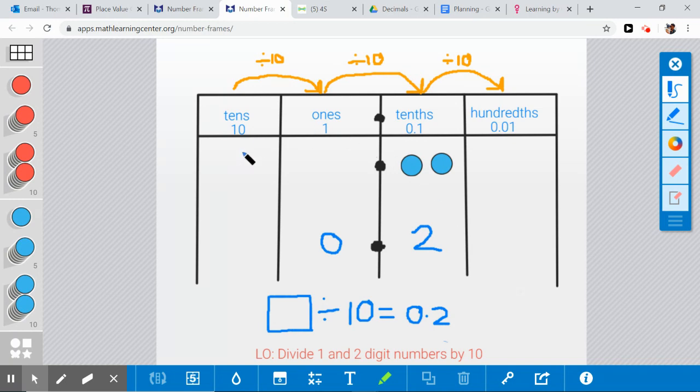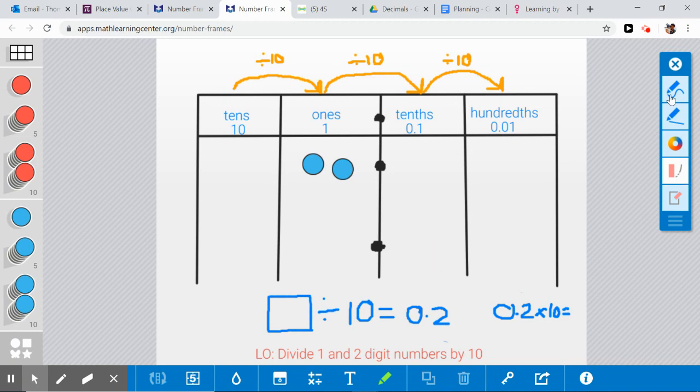So now we need to go the opposite way. To find our answer, we then need to multiply by 10. So what we need to do is 0.2, and we need to multiply it by 10. So let's see what that answer is. Let's move these back the opposite way. So now we've got 2 ones.